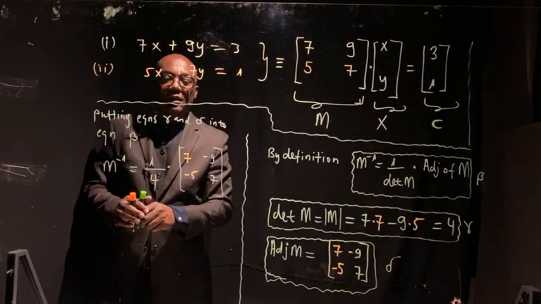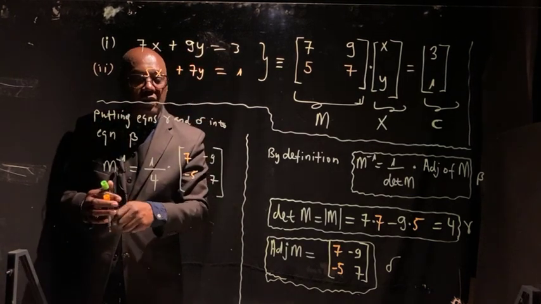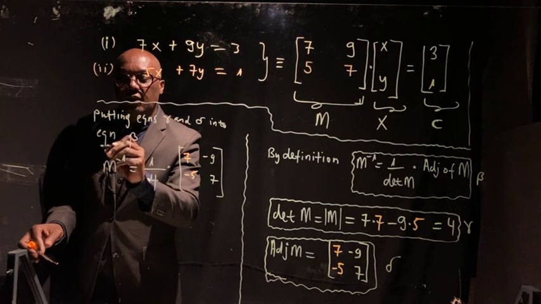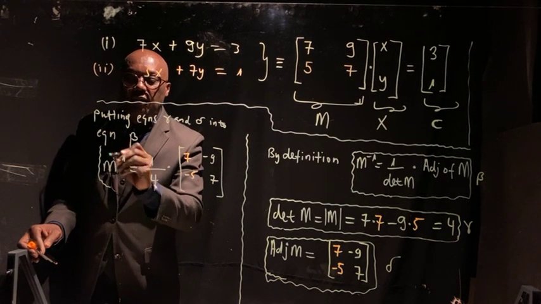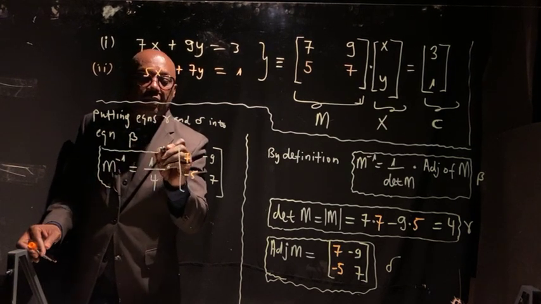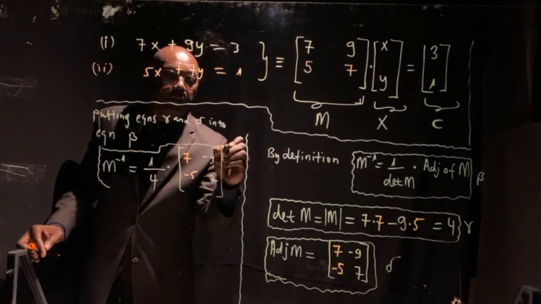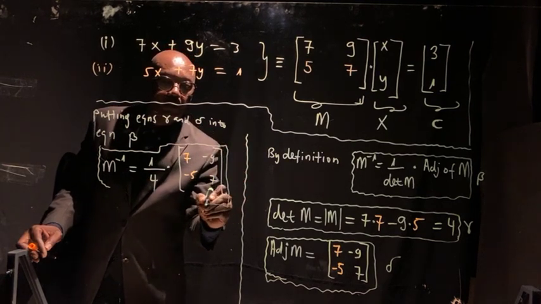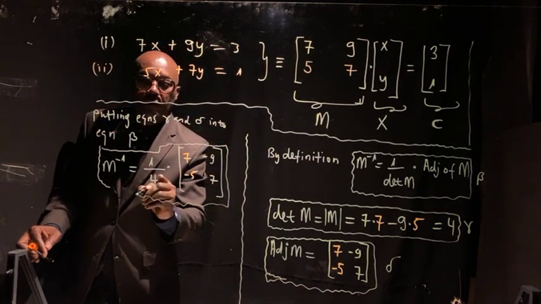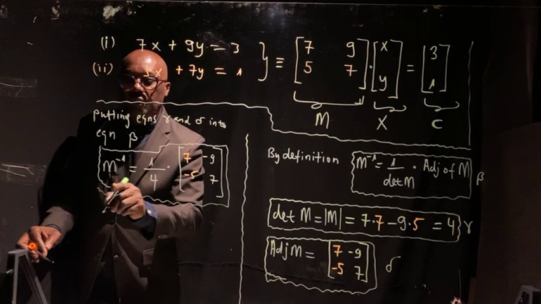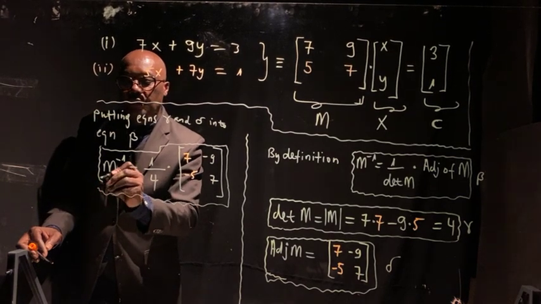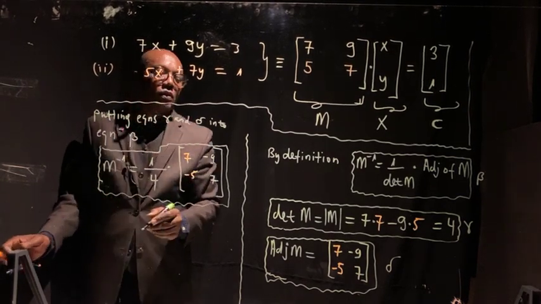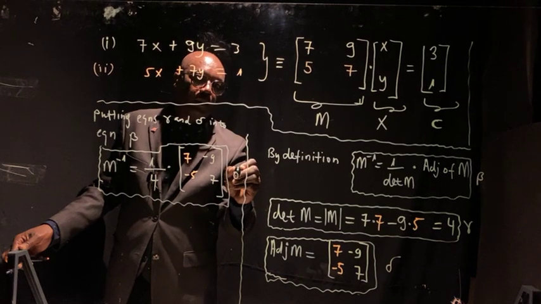So this is the inverse of the matrix. I'll call this one equation 5.